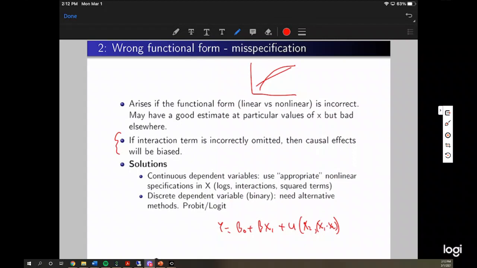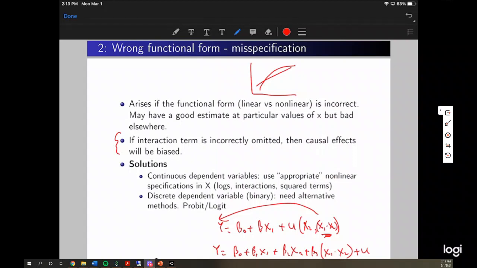And the problem is if this bit is an important predictor of y, then it's an omitted variable. So we're back to our omitted variable bias problem. So this is how the interaction model is just a different case of omitted variable bias. So x2 might be an omitted variable by itself causing bias in the coefficient beta 1, but x1 times x2 might also be an omitted variable causing bias.